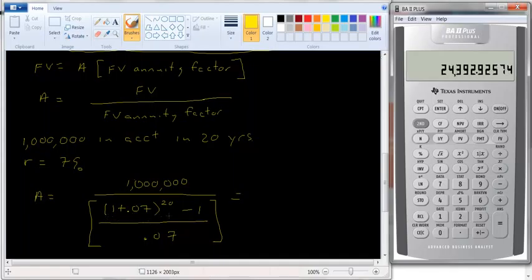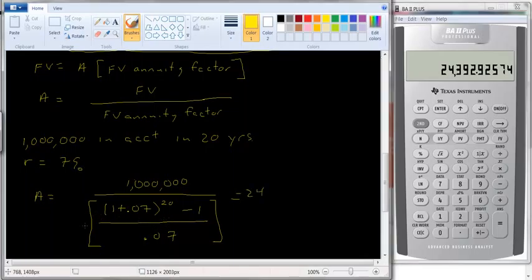That looks better. So it looks like we have $24,392.92. Okay, so if you save this amount of money, you'll have $1 million in your account, assuming that you can earn 7% a year for this 20-year period.